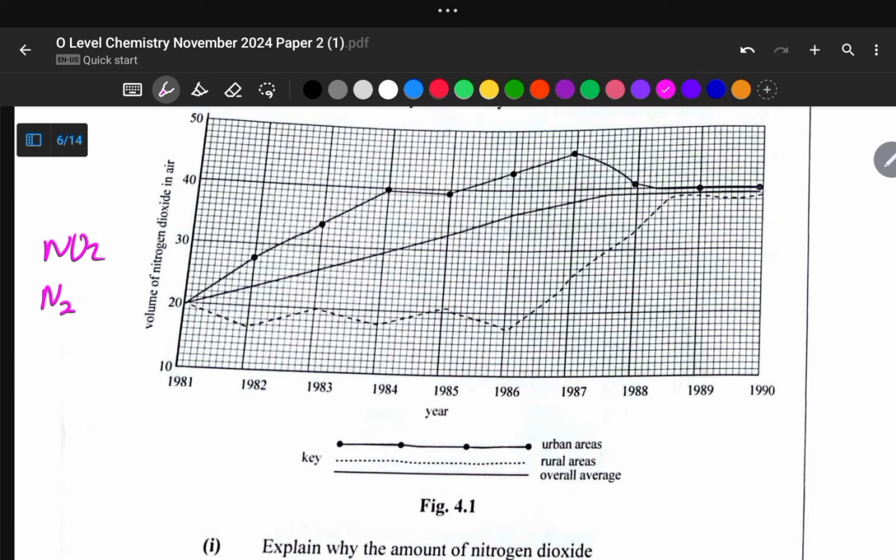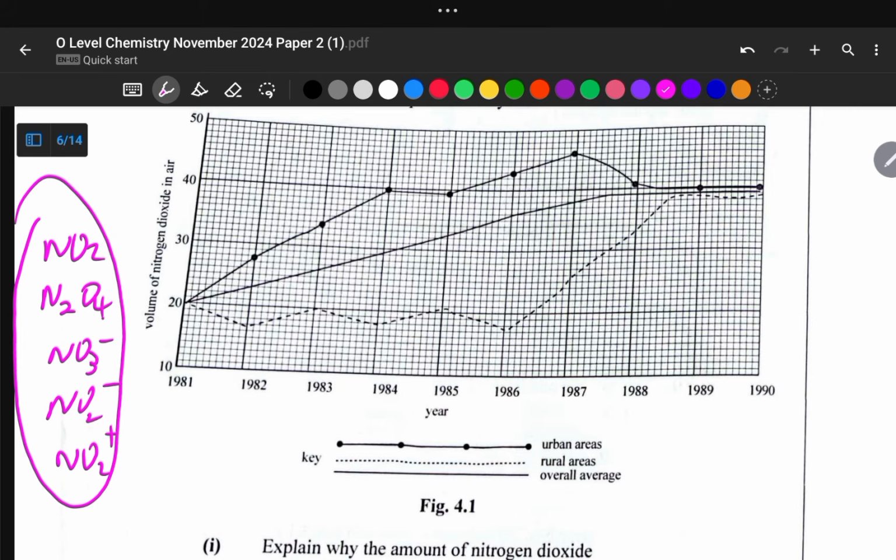And then we have dinitrogen tetroxide, and then we have got the nitrate ion, the nitrite ion, the nitronium ion used in the nitration of benzene. So you need to know the structures of these oxides of nitrogen, the displayed formula and the dot-and-cross diagrams of these ions, right? We have a video also on that, explaining how these atoms bond with nitrogen being the central atom.